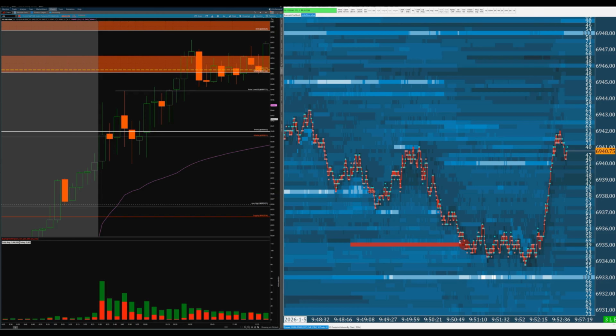Just because it's a bid, just because this is a passive buyer sitting here, does not mean that prices are going to move up, and it does not mean that the amount that bid is defending is going to be strong enough to hold that price. There could be an active seller here applying more aggression with strength to pull prices lower and to move price beyond this level. Okay, so waiting for the reaction is going to be very important.